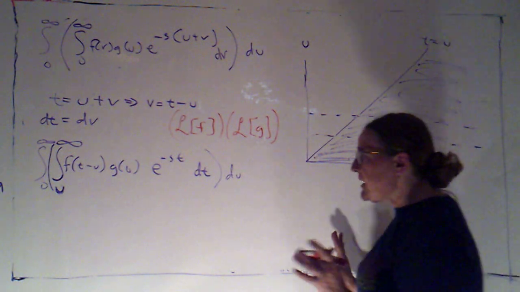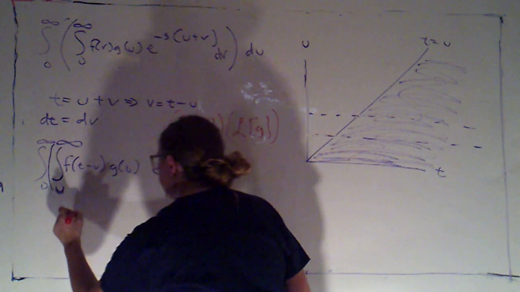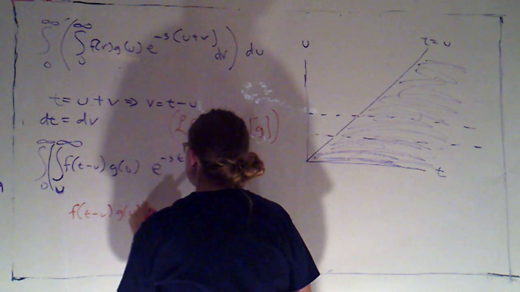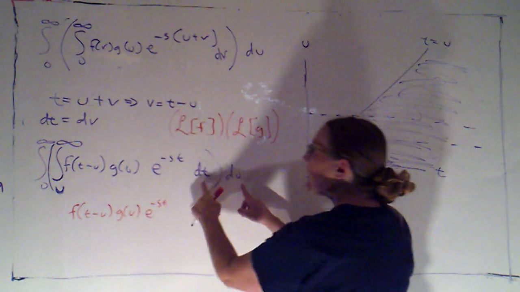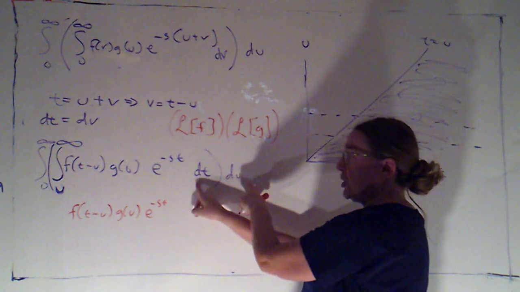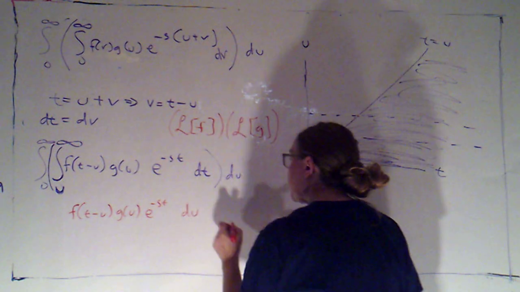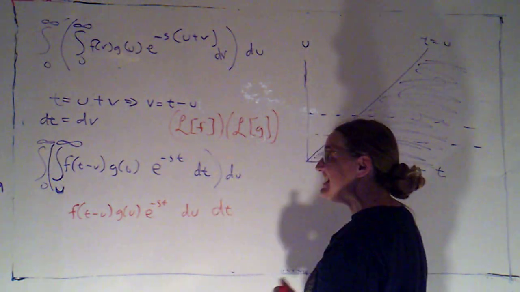Now what we're hoping to do is to keep the integrand the same, f of t minus u, g of u, e to the negative st, but switch the order in which we're integrating so that we can do a du first and then a dt.